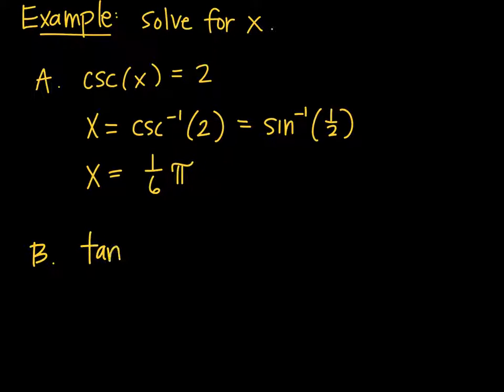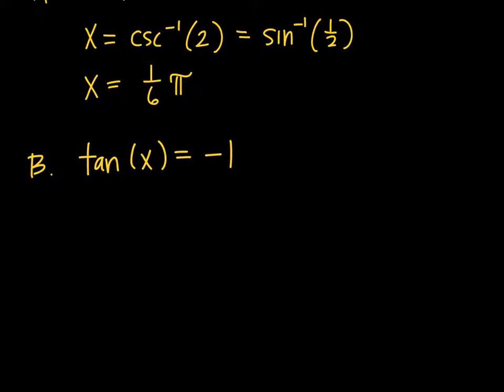Okay, the tan of x is equal to -1. So to get x by itself there, what will I apply on both sides? Inverse tan. The inverse tan of -1. What do I really mean by that? What's the only way? I know how sine could be -1. I know how cosine could be -1.